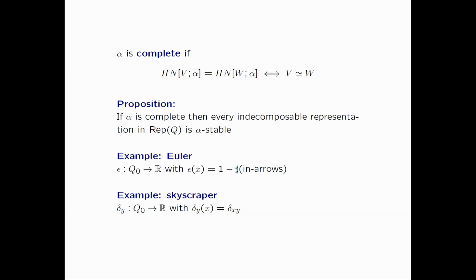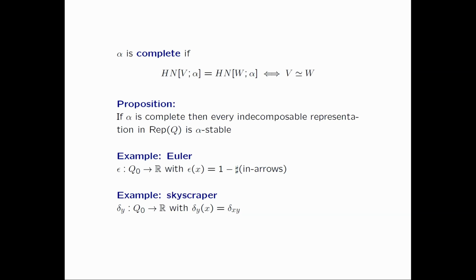So let's look at an example. Where might we get some interesting charges from? One was suggested in a paper. You can think of a quiver representation as a cellular sheaf on the underlying graph.